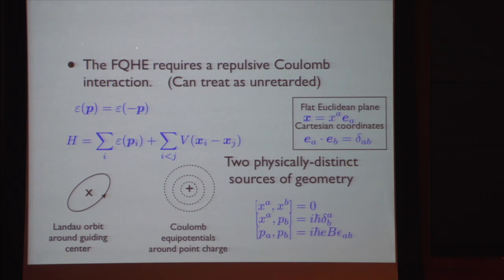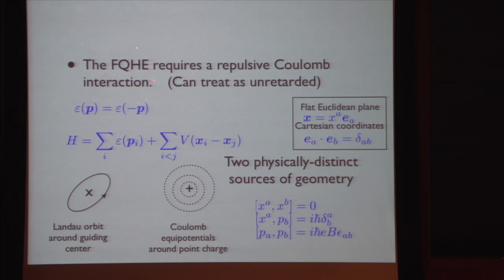So that would be the treatment of the integer Hall effect. In the integer Hall effect, geometry is really only coming from this effective mass tensor, and its only geometric property is really the shape of the Landau orbits, which define a kind of distance. So essentially the natural distance measure is to measure distances in diameters in a given direction of the Landau orbit. It gives you a natural count of why this is a metric.